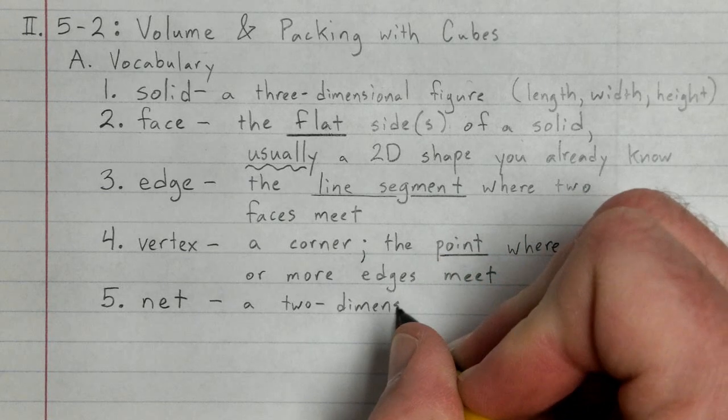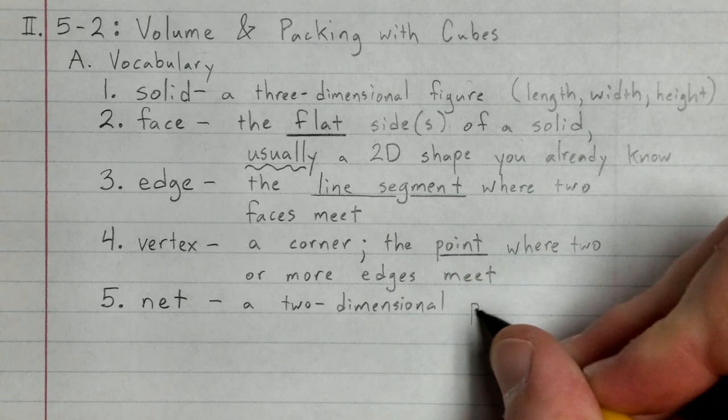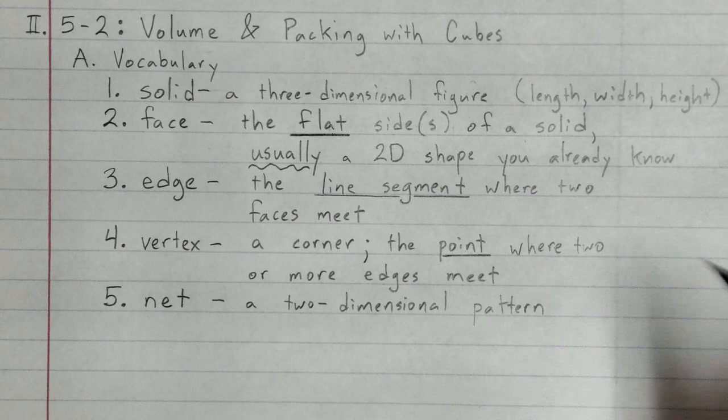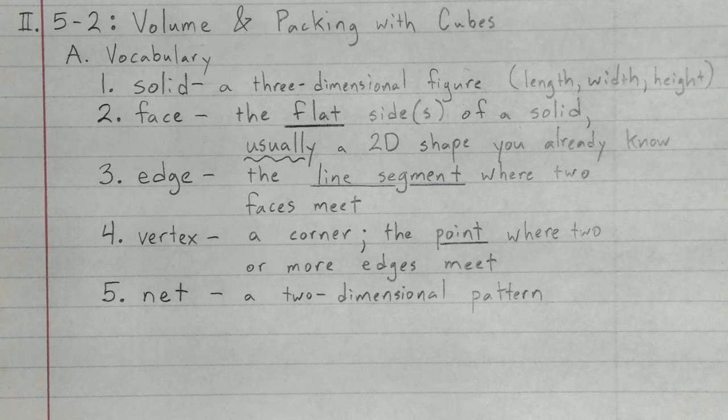This net is a two-dimensional pattern. That means I can print it on a piece of paper. It means you can draw it on a piece of paper.